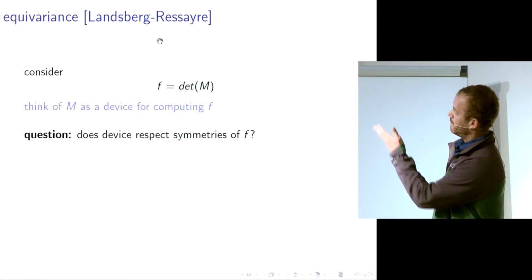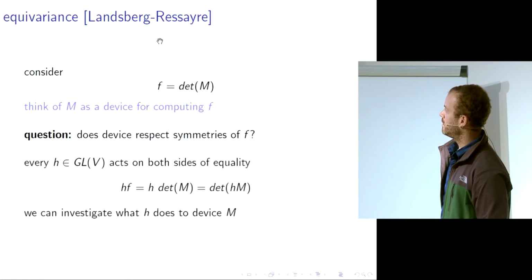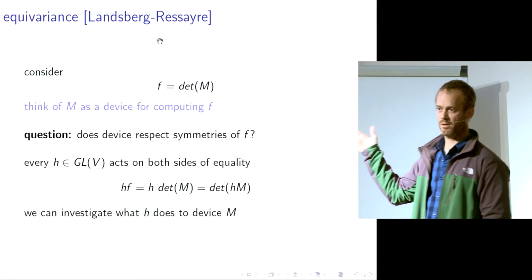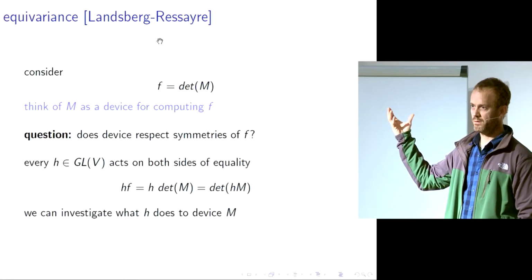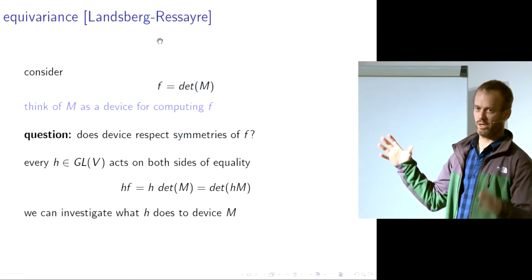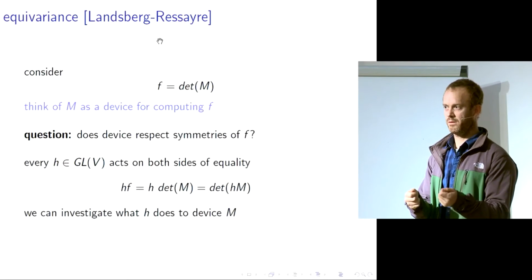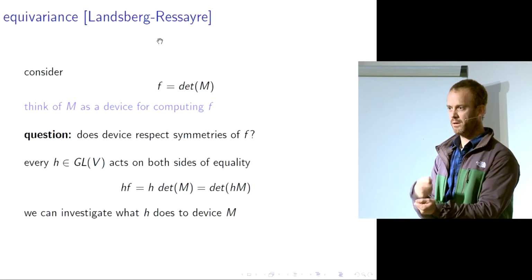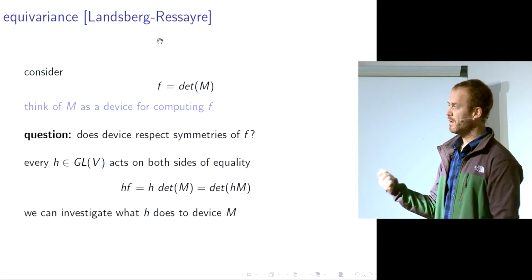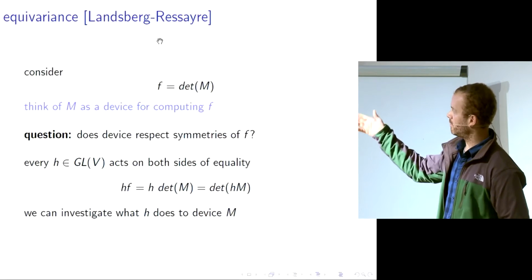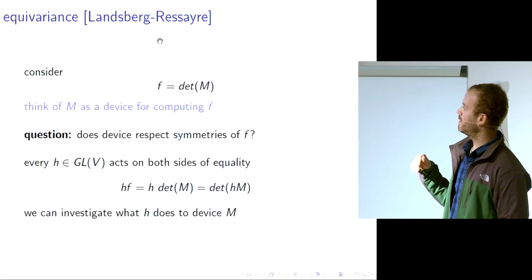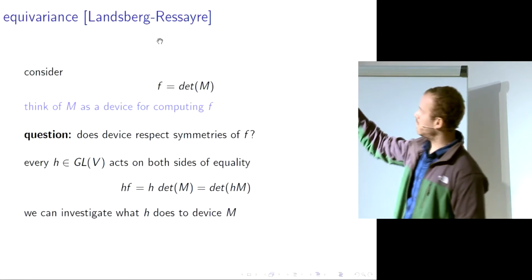Okay. So Landsberg and Ressayre gave a definition that captures this idea. We want a computational device that computes F and respects its symmetries. How do you define this? So first, let's look a little bit at this equality.